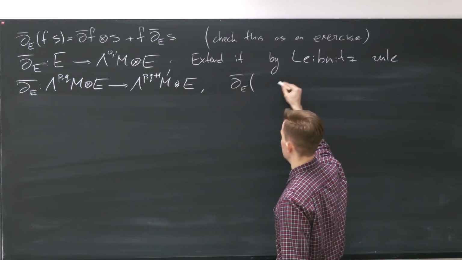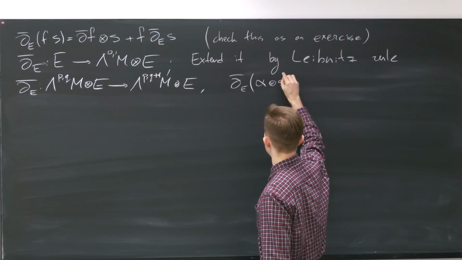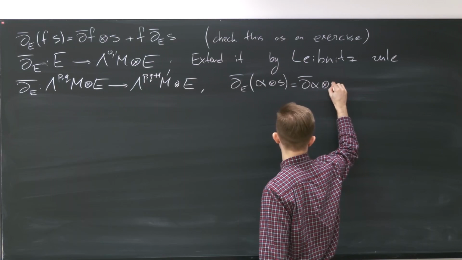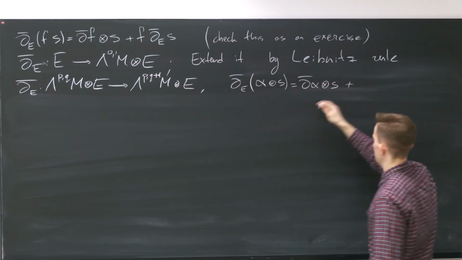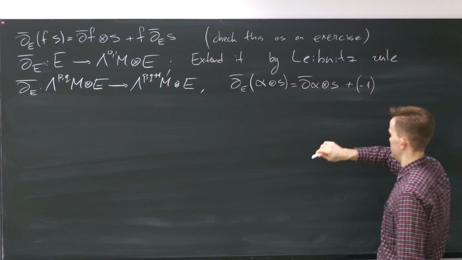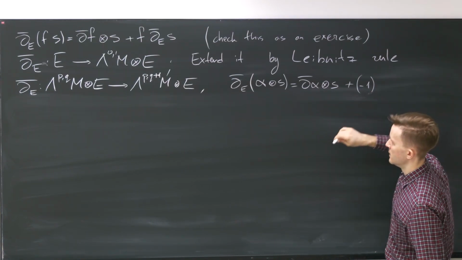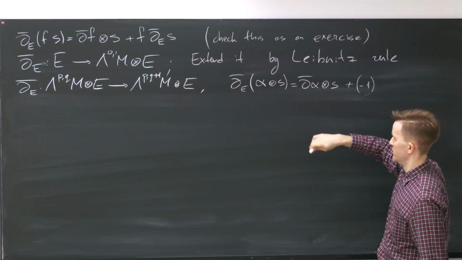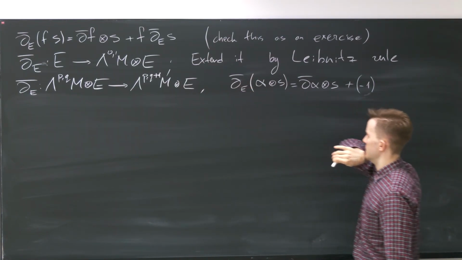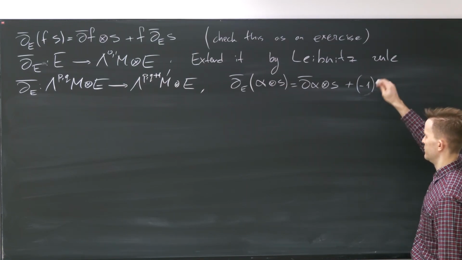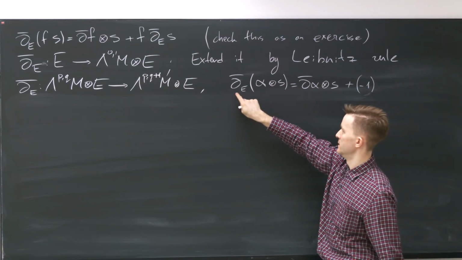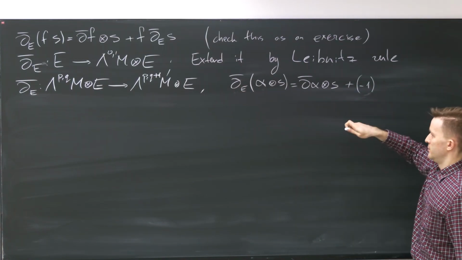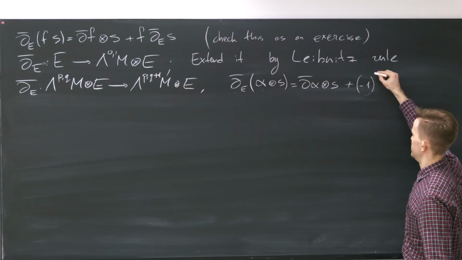So if I apply it to a form tensor some section, then I get del bar alpha tensor s plus, well, here we should remember that there is some sign rule, which works as usual when you apply exterior differentiation to differential forms. If you exchange the operator and the k-form, then they should be multiplied by the degree of this form.